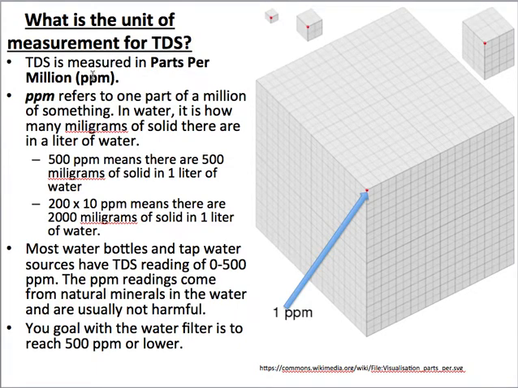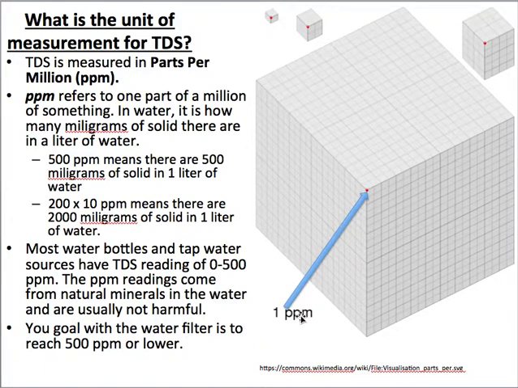You might be wondering what that means. ppm means 1 part of a million of something. So for example, let's say this cube is divided into a million parts, okay? This dot right here, one little dot out of the whole million, is 1 ppm, or 1 part per million.